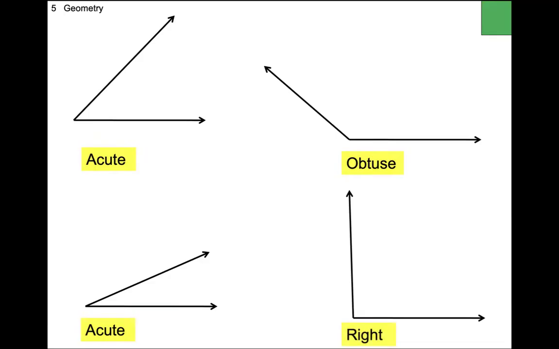I meant to draw it 90 degrees. If it looks like it's 90, great, but some people say it looks more obtuse. I get that. I would never give you a test where it would be that close to being right or obtuse or acute. It would be very clear. If it has a little square, you're going to put right. If it doesn't have a square, I'm not going to put an angle that looks like that and ask you, oh no, that one actually is obtuse, or it's right. I'll make it nice and clear.